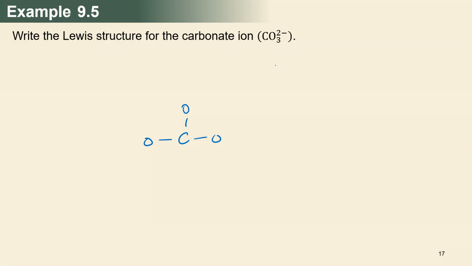How many electrons are we working with for carbonate? 24. 24, that's right. We've got 22 from the atoms and then 2 extras from this 2 minus charge here. So 24 electrons total, there's 6, so 8, 10, 12, 14, 16, 18, 20, 22, 24.